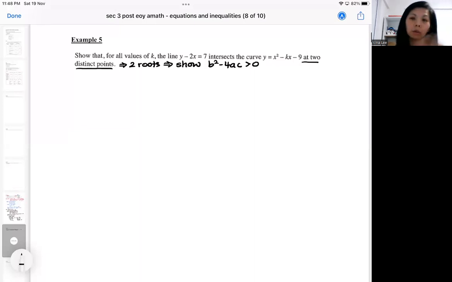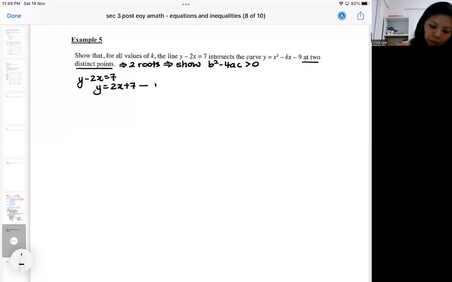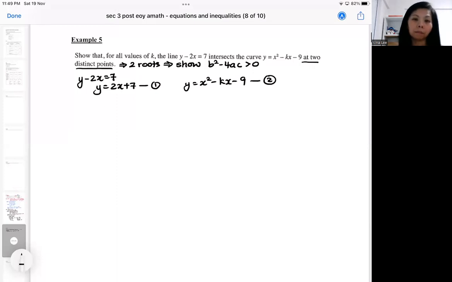In order to show this, you will need to execute your simultaneous equation first. You will have the straight line and you will have the curve. If you would like to execute the showing, you need to get your a, b, c so that you can execute the showing.